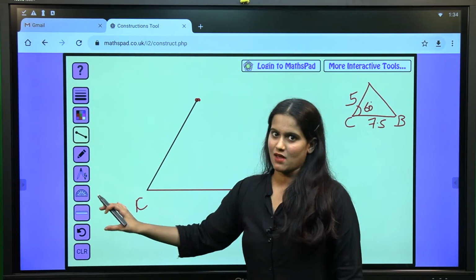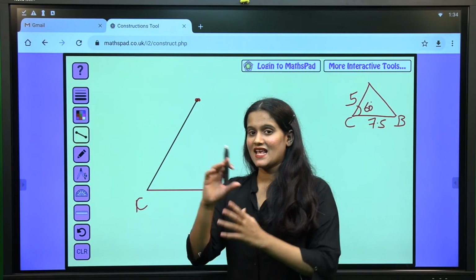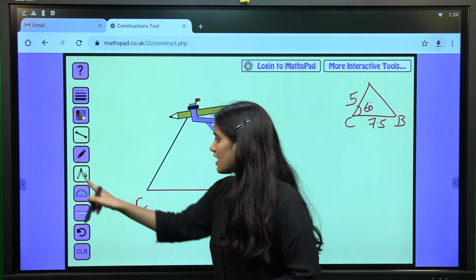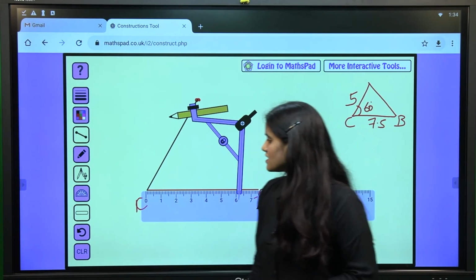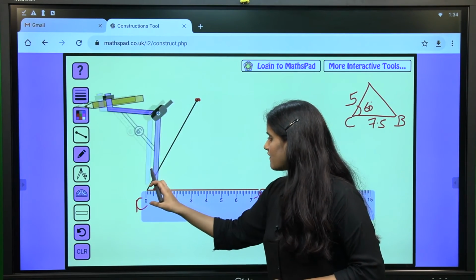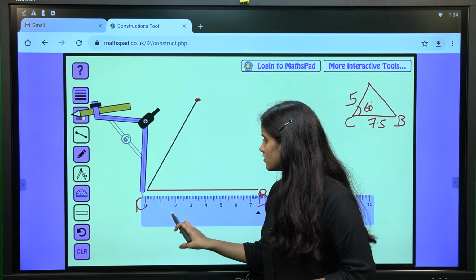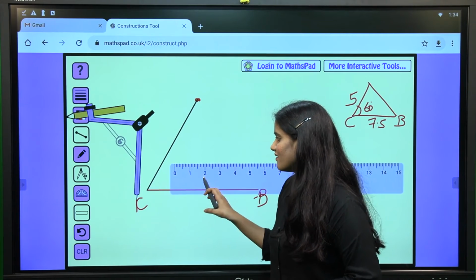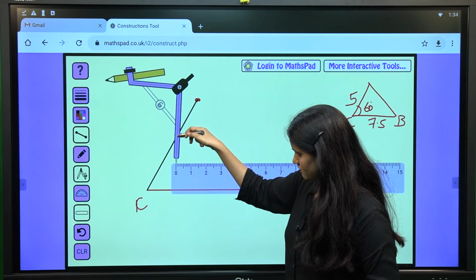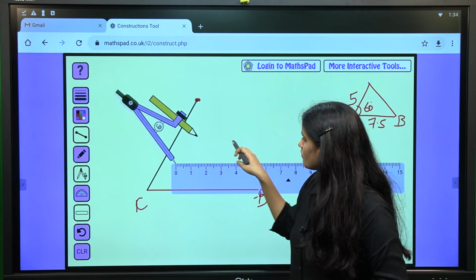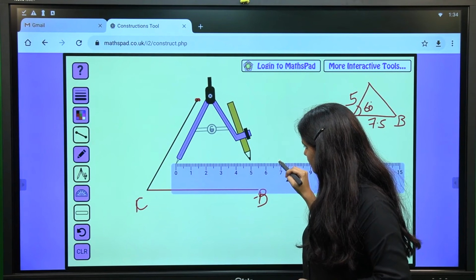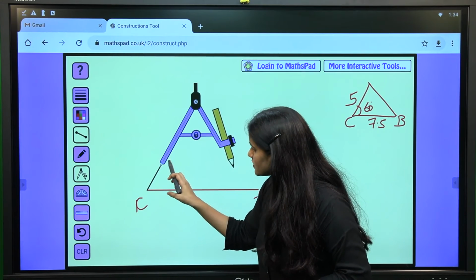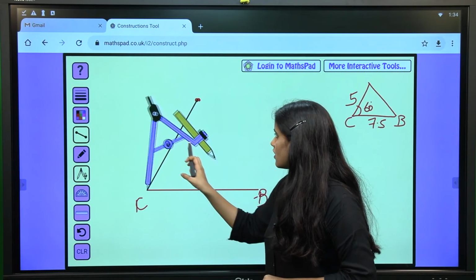It's not exactly A point because AC is a measurement which is having 5 centimeter. So take a compass, take a scale, measure 5 centimeter. Then keep it on C, then draw an arc like this.